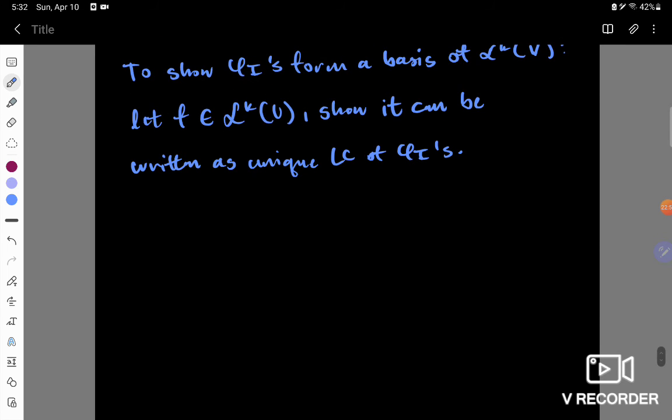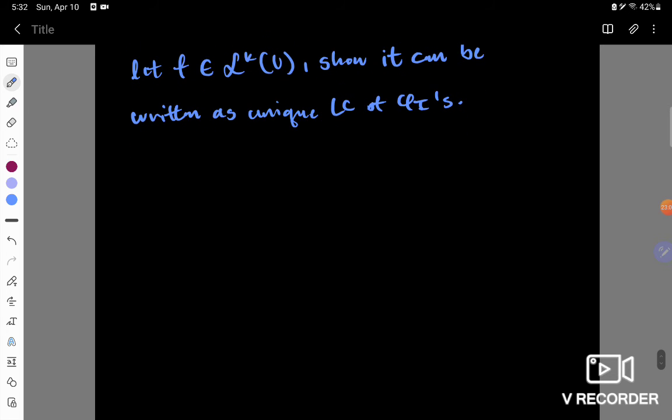Okay, how do we do this? For each k-tuple I sub 1 through I sub k, F is going to act on it in a well-defined manner.